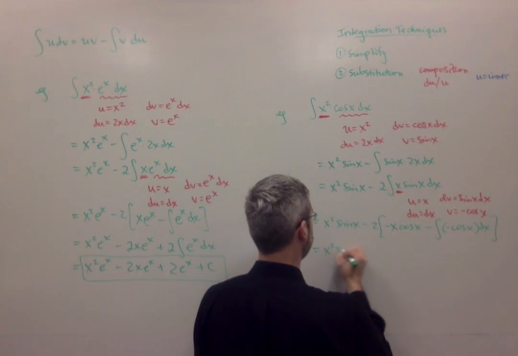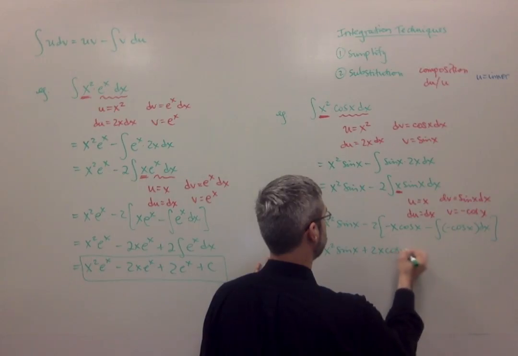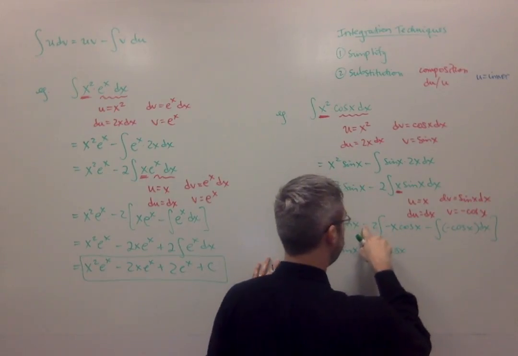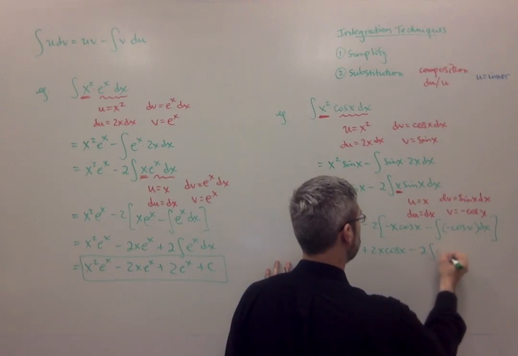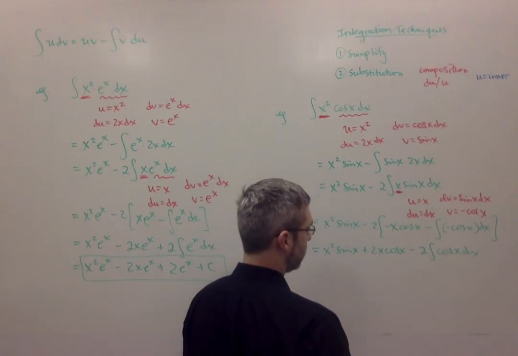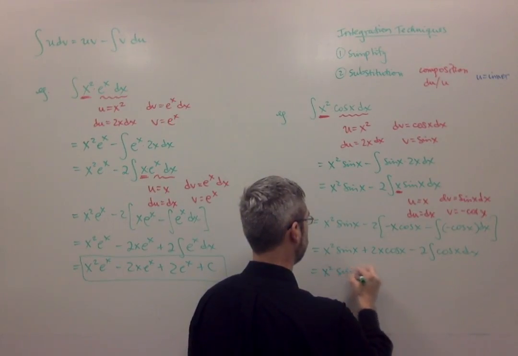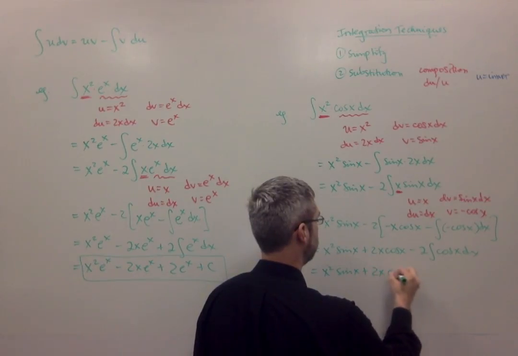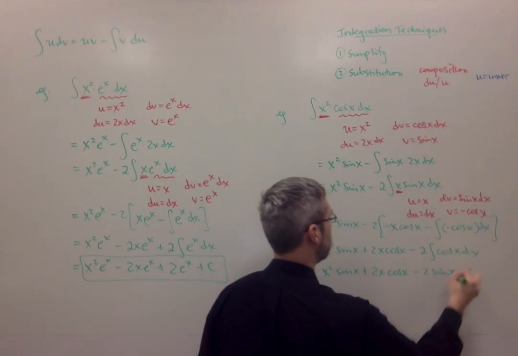We've got x squared sine x plus 2x cosine x. Minus, minus, minus is minus 2 times the integral of cosine. And the antiderivative of cosine is sine. So that is going to be minus 2 sine x. Again, plus c.